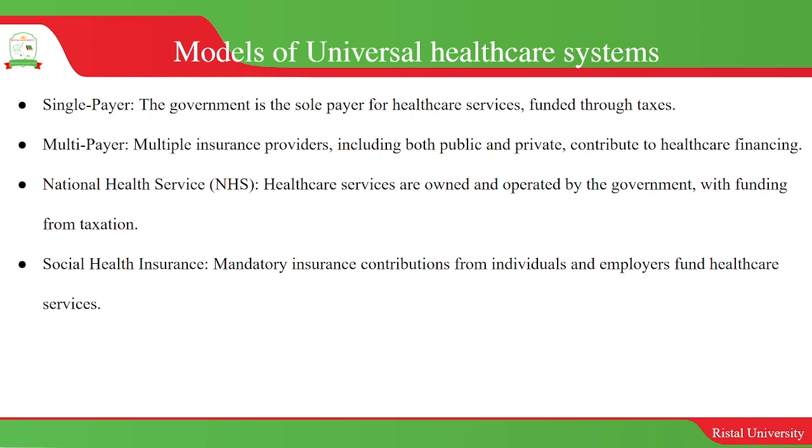And then you have what you call the national health insurance, or let's basically term it as the National Health Service, which is very common in the UK, where the government is the one which provides these services and is in charge of planning and also delivery, and it gets the money from taxation. That is the National Health Service. And then social health insurance, which I've basically explained, where everyone contributes, whether you are employed or not, from individuals or even from employers, to fund health services. And therefore, everyone is catered for.